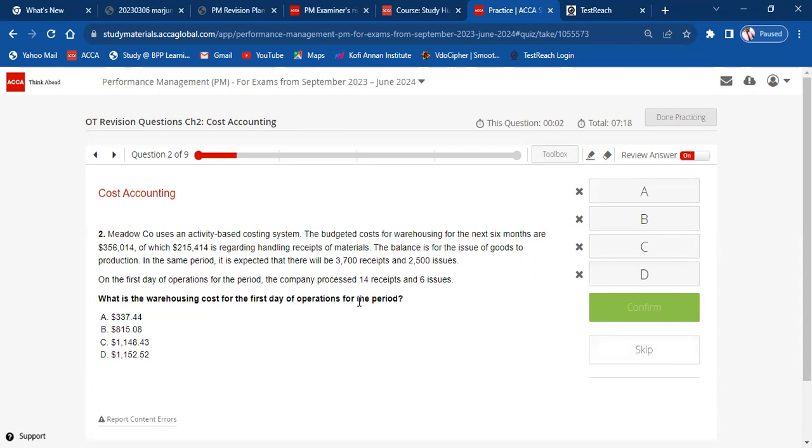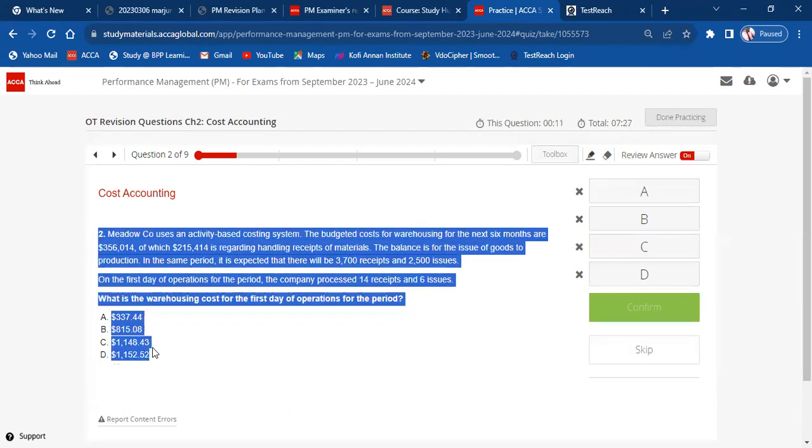What's the warehousing cost for the first day of operations for the period? We saw a question where the emphasis was on one activity, setup, so we calculated setup cost. It looks like here the emphasis is on another activity, warehousing.